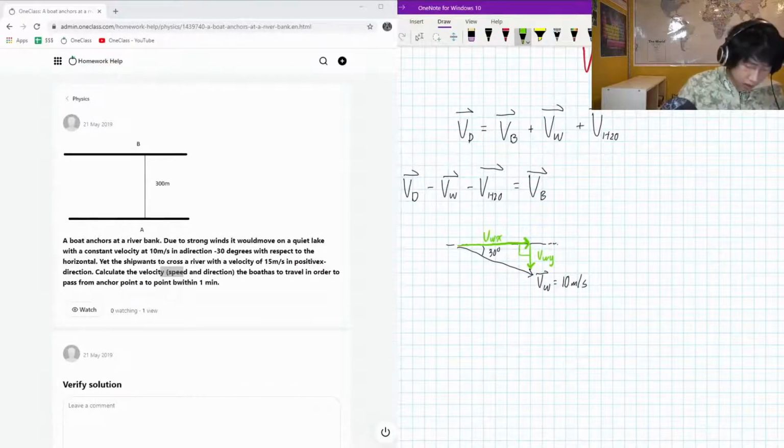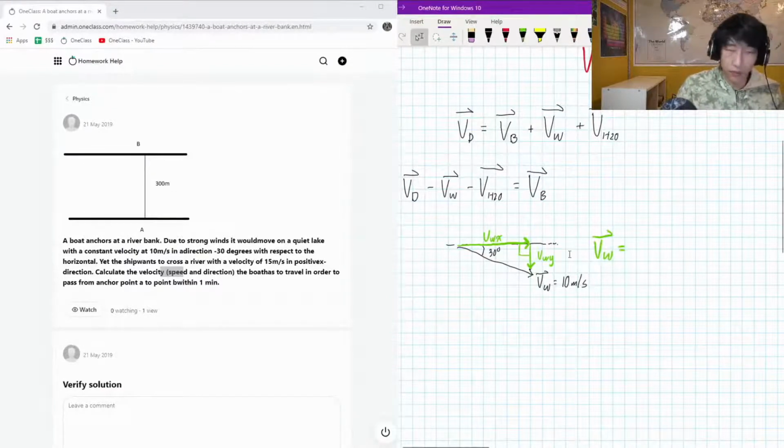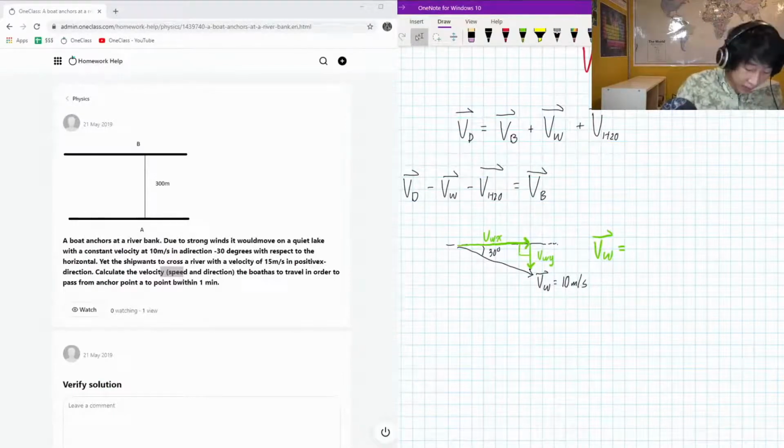Okay, so we could write this as, well, VWX, we know that that is adjacent to the angle, and that is in the positive x direction, so that's going to be positive sine 30 times 10. Not sine, cos 30 for adjacent. Be very careful with those, and that's going to be positive times 10 in the I direction, my bad.